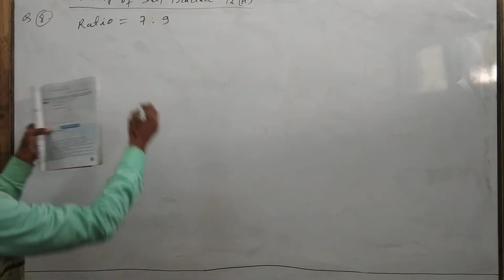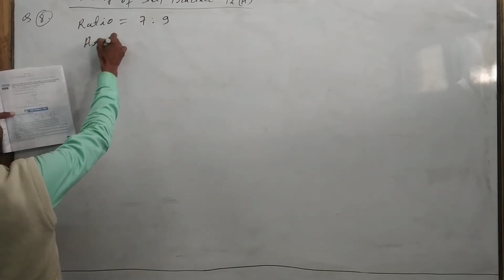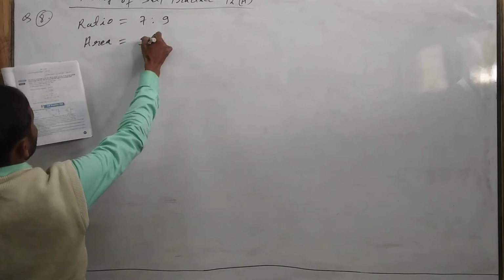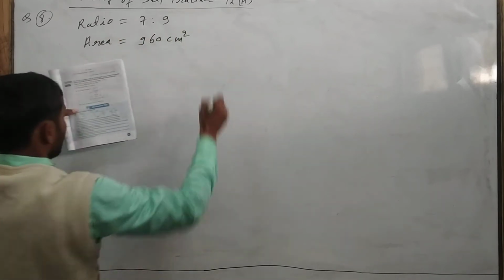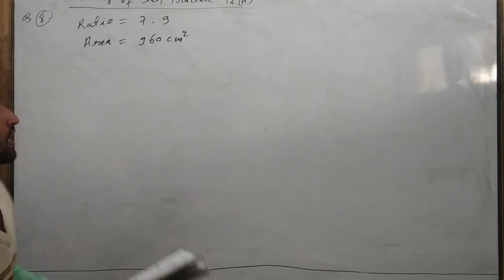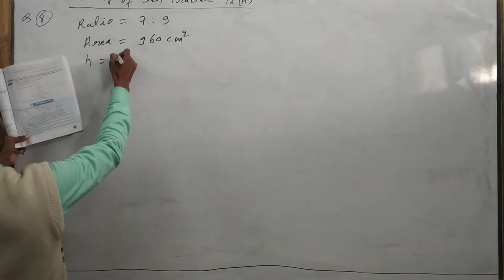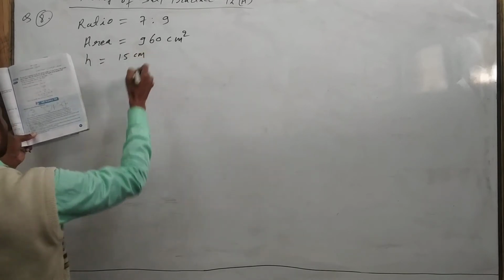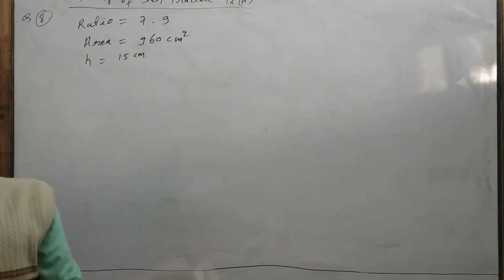And the area of the trapezium is given: area is equal to 960 centimeter square. And the distance between the parallel sides, meaning height, is given: H is equal to 15 centimeter. Find the length of each parallel side.